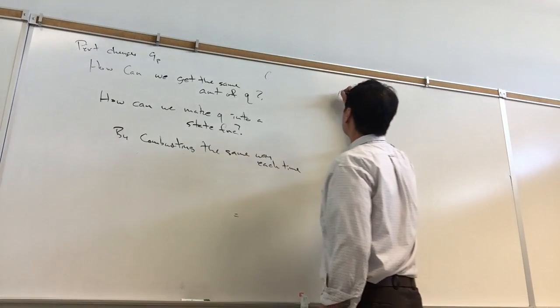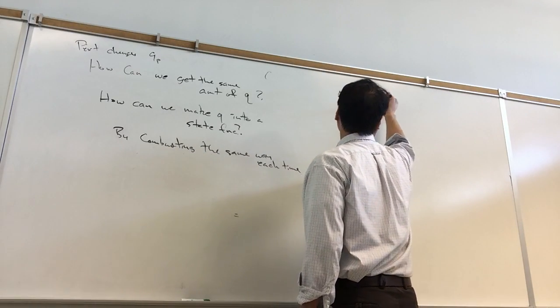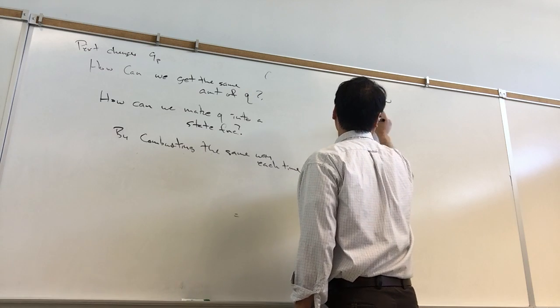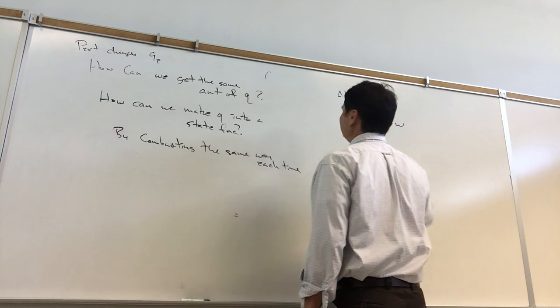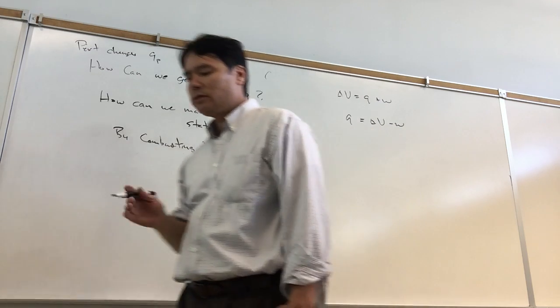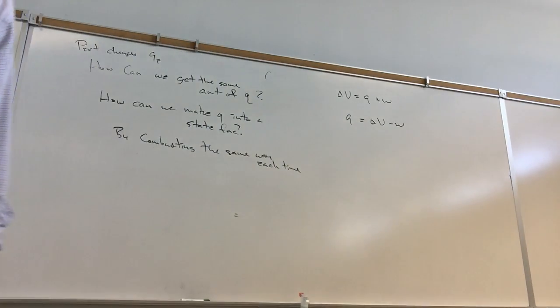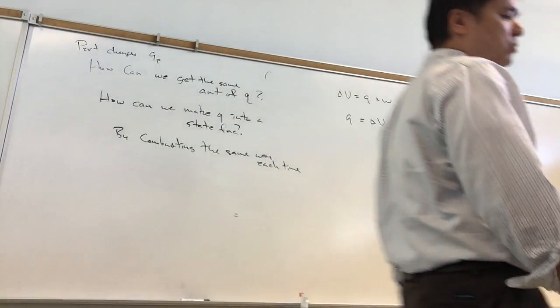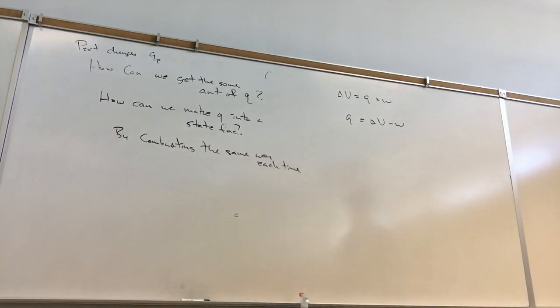And so when we look at this, we know delta U is equal to Q plus W, and Q is equal to delta U minus the work. And so the total energy minus the work. It's tricky because the work is not always done by the system. In the last example, the work was done by the surroundings, which makes it very conceptually difficult to visualize.